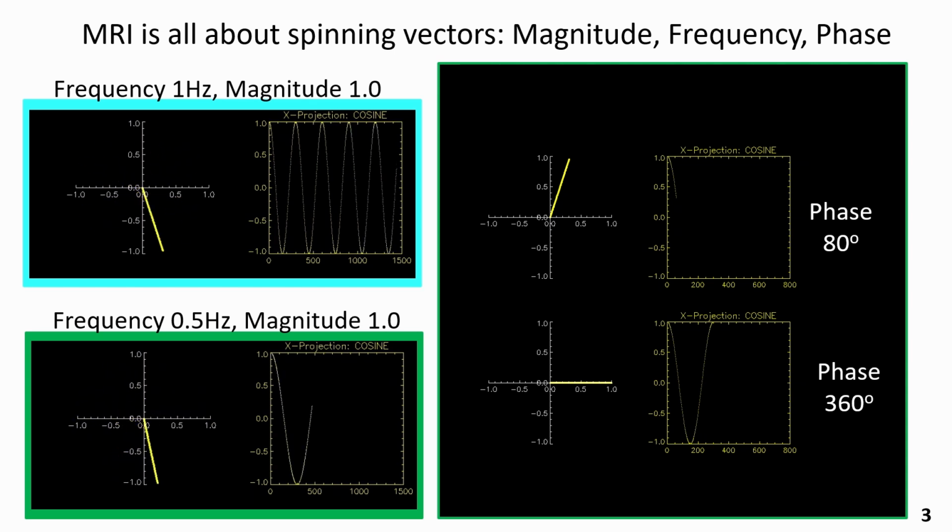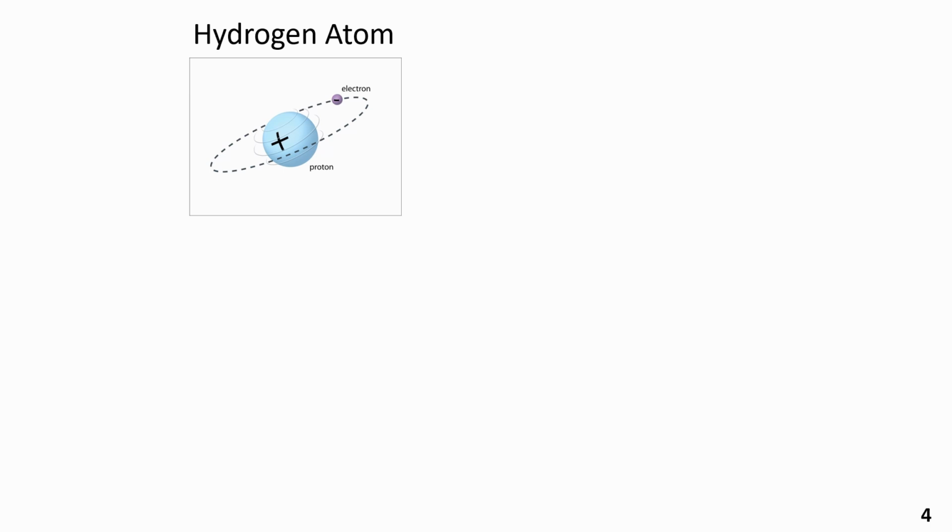So now, let's talk about spins. The water molecules inside our tissues have 2 hydrogen atoms with a single proton in the nucleus that is positively charged. This proton, this nucleus, spins about its axis.